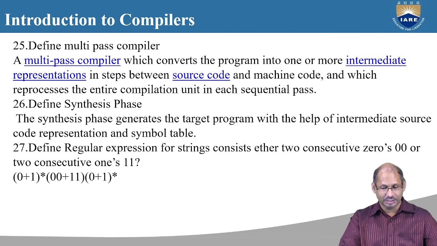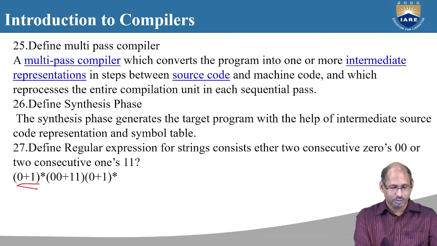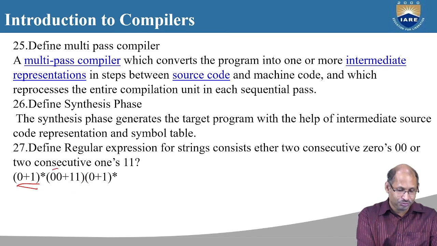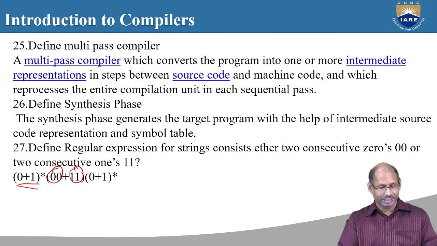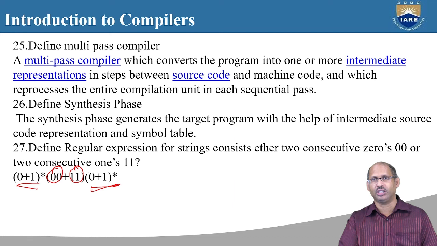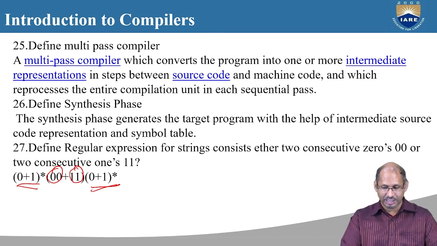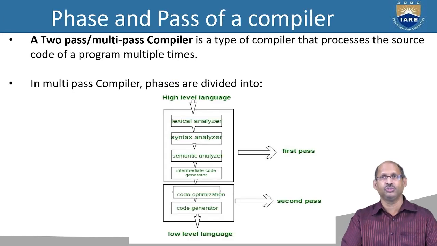It consists of either two consecutive zeros or two consecutive ones. So it may start with a 0 or 1, but it must be followed by either two zeros or two ones. And it is followed by once again either zeros or 1s, any number of zeros or ones. Then this is a regular expression which consists of two consecutive zeros or ones.